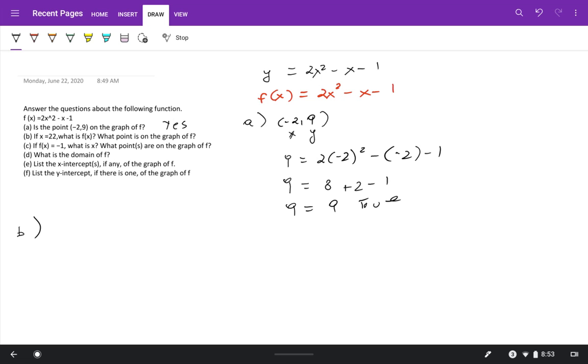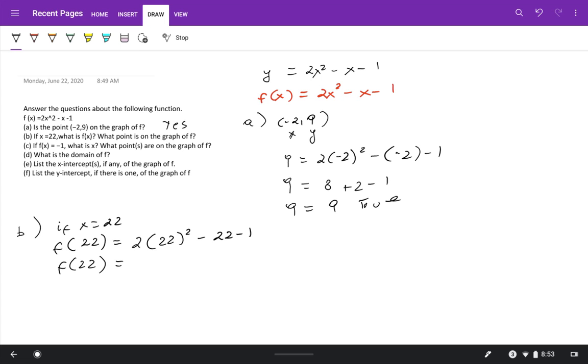Part B, they're telling you if x equals 22, what is f of x? So for f of x, you're going to replace x with 22. So work with the equation of the function, which is 2x squared minus x minus 1. Where I used to have x, I plug in 22.